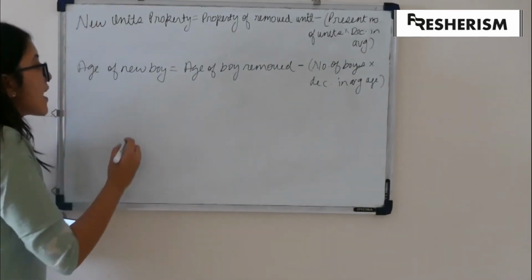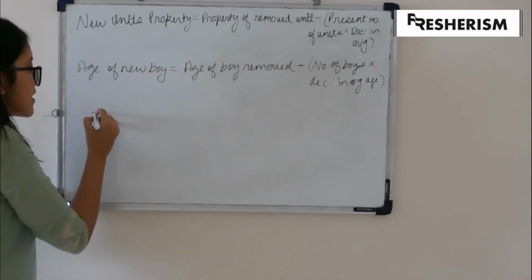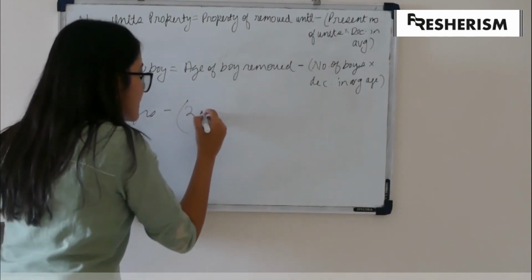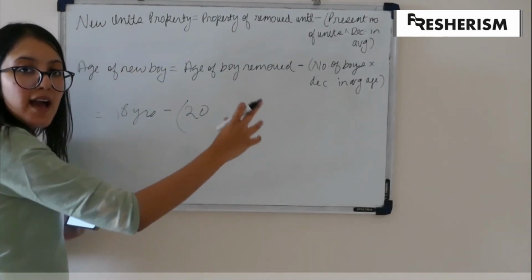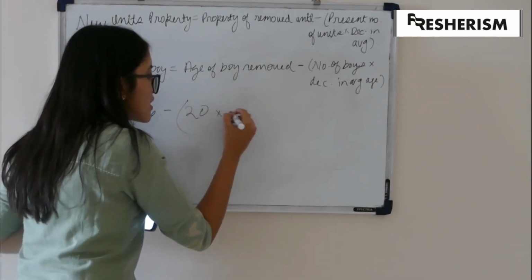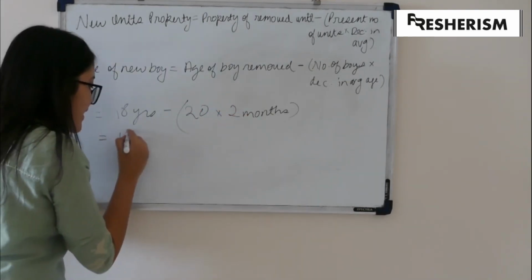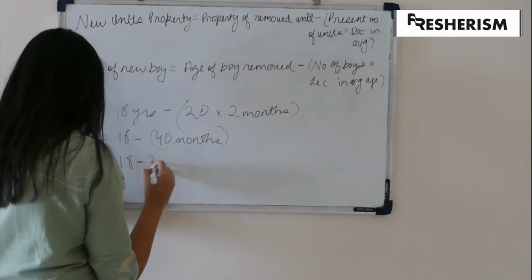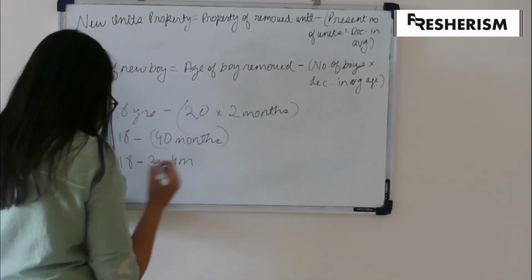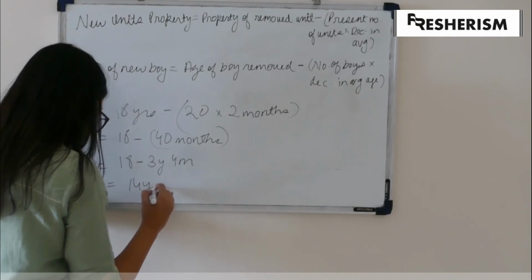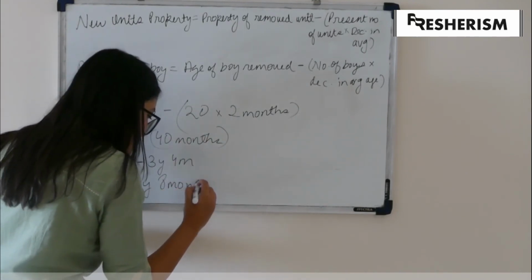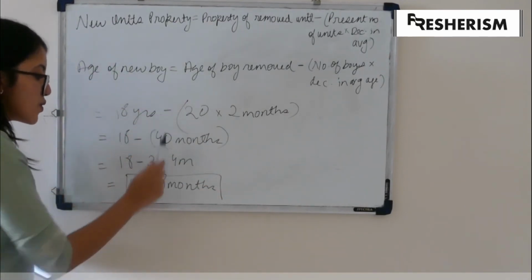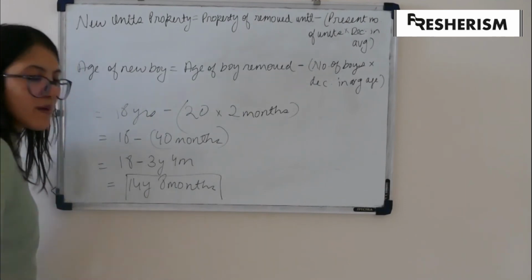Now, putting the numerical values in this formula, we get age of boy removed was 18 years, number of boys in the team are 20, and the decrease in average age of all these boys was 2 months. Therefore, 18 minus 40 months, which gives us 18 minus 3 years and 4 months, which gives us the answer as 14 years and 8 months. Therefore, the age of the new boy is 14 years and 8 months.